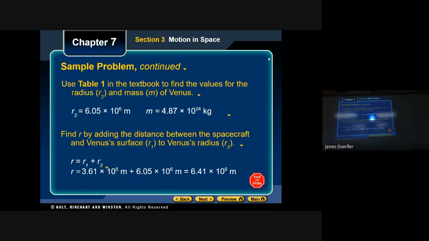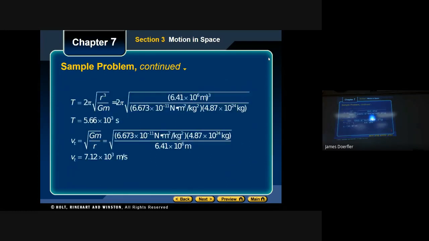Again, going back to the point that it's all based off the center part of the bodies. So we get our total distance from the center of Venus to Magellan. Now we can finally start calculating our two items.